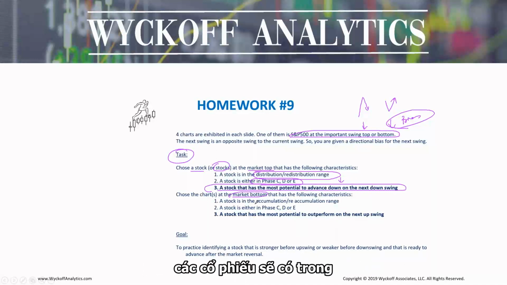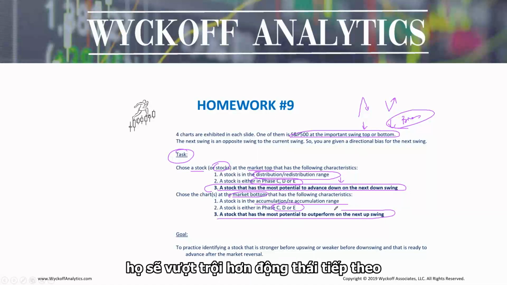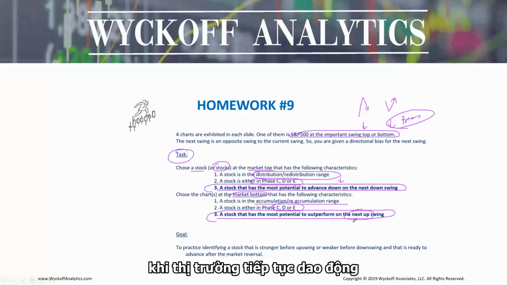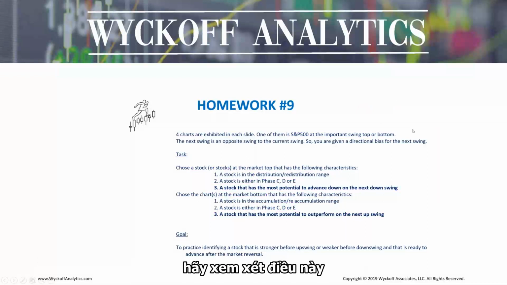You want to define the stocks that are going to be in the accumulation or reaccumulation range, that will be in phases C, D, and E, and that their comparative analysis suggests that they're going to outperform the next move up when the market resumes its swing. That's the whole task. Let's look at this.